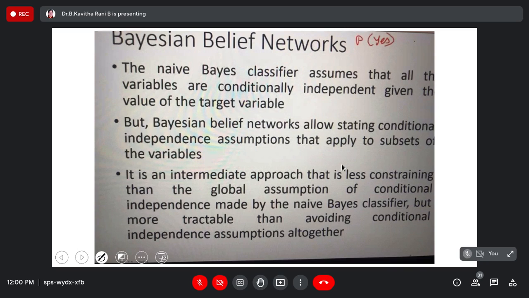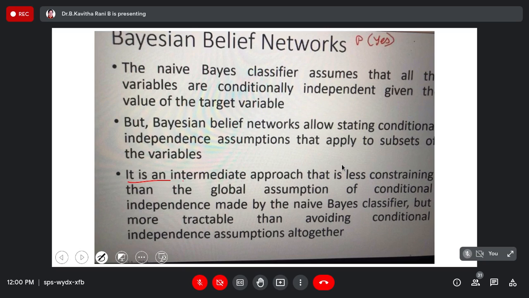When we cannot measure the attribute values or the parameters data, then from that data we will take some as dependent and some as independent. So that's why we consider some variables as independent variables. We will be giving the condition on some data as independent and some data as dependent in Bayesian belief networks.